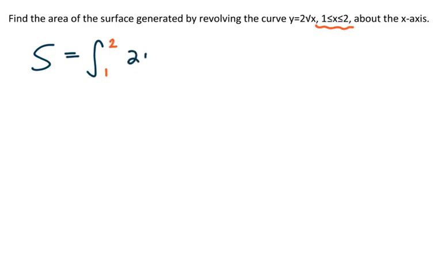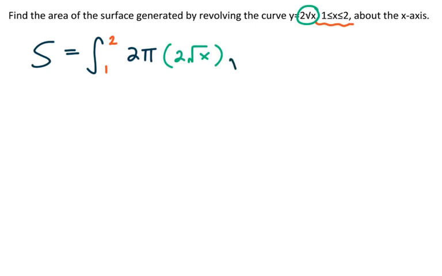My formula is 2 pi times y. Y being this function, 2 times the square root of x. So instead of writing y, I'm going to write 2 square root of x. And then we have times the square root of 1 plus the derivative dy dx, whatever that is, quantity squared.